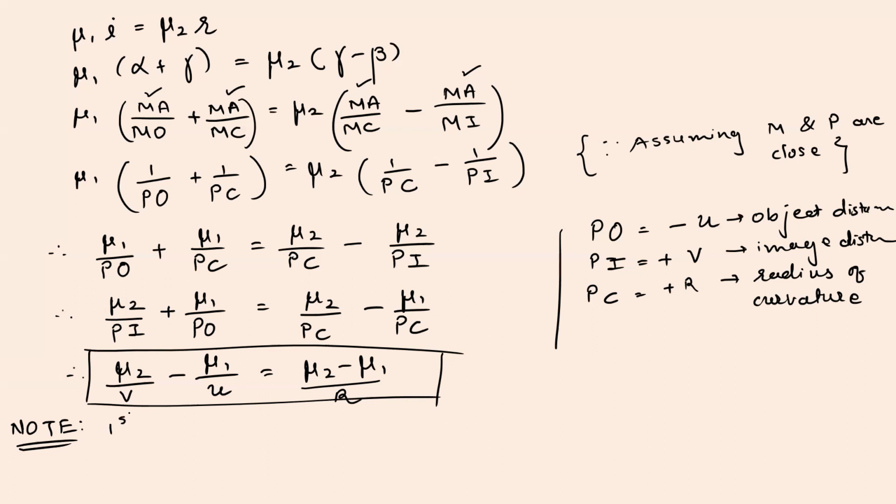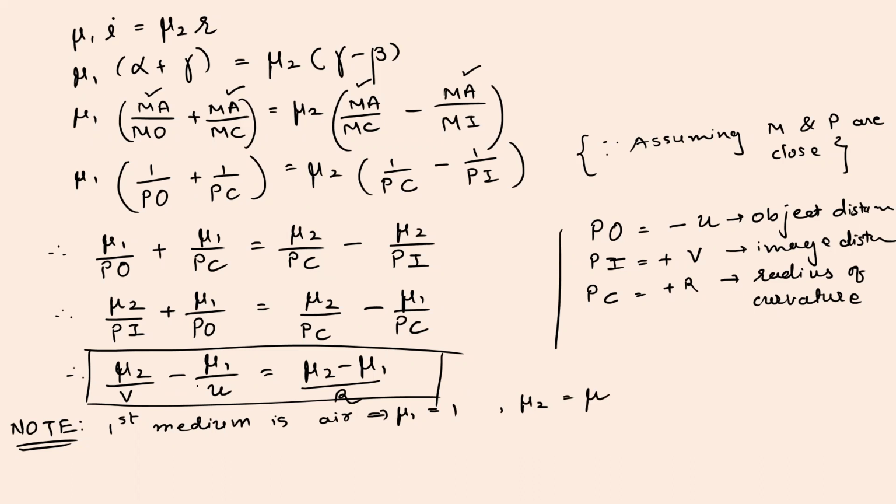Suppose your first medium is air, that means your mu1 is 1. First medium mu1 is air. Air के लिए refractive index is 1. So let me take mu2 as mu only.